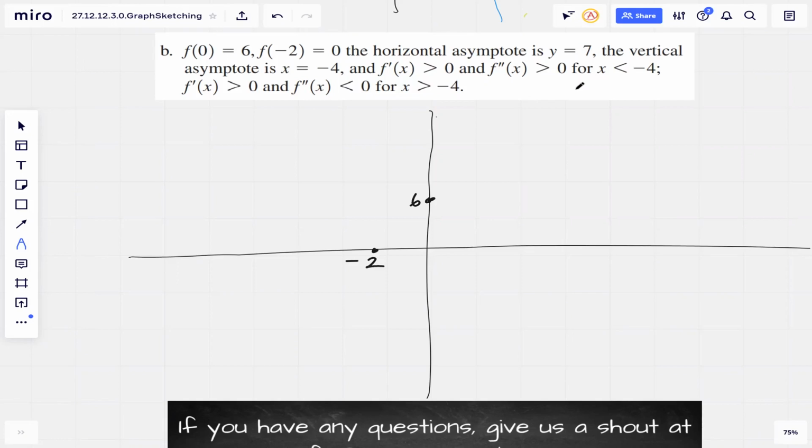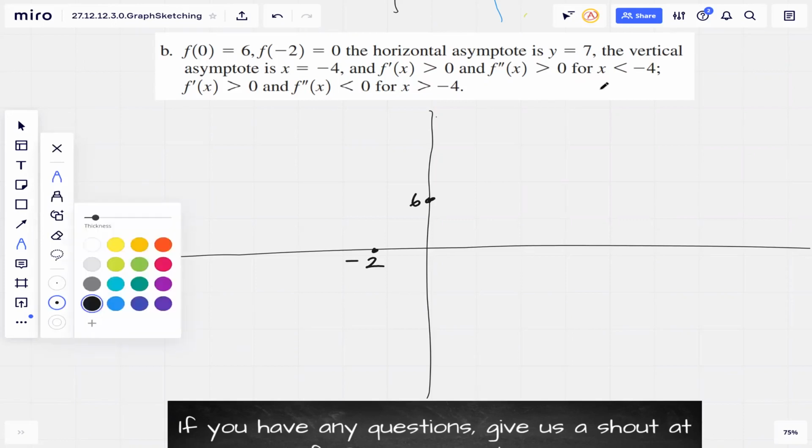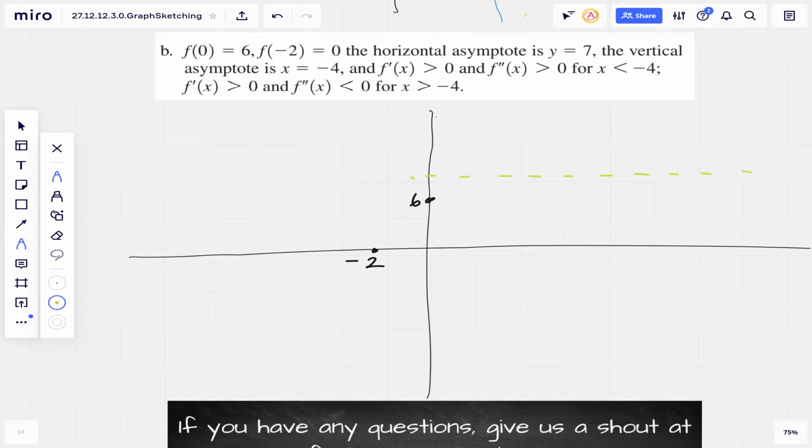Horizontal asymptote is y equals 7. Let's pick another color. What color did we use last time? This funny green. I'm going to use it again, and that's 7. Our vertical asymptote is when x equals negative 4, so I'll put that in. This sort of divides off the board a little bit.